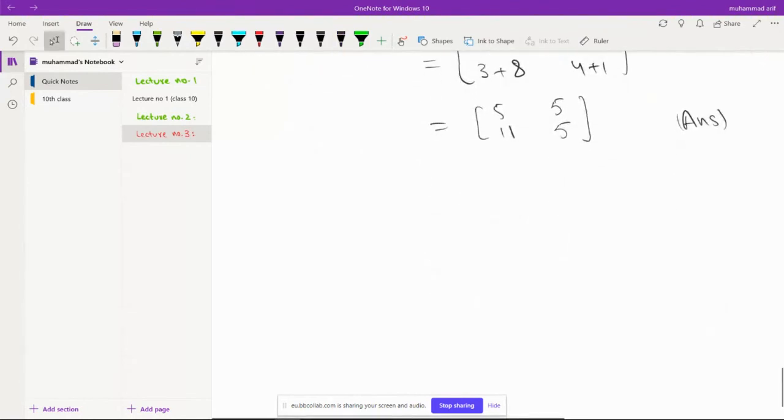Now we take exercise 1.3 and solve some questions.